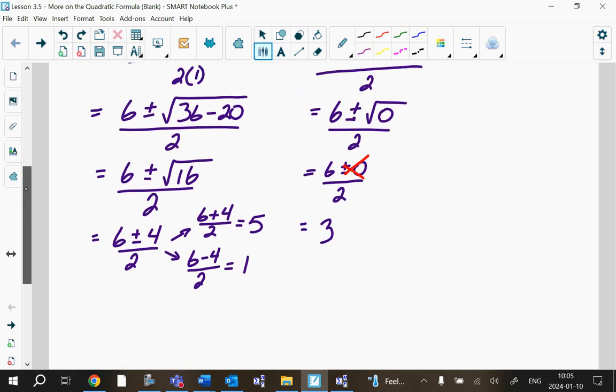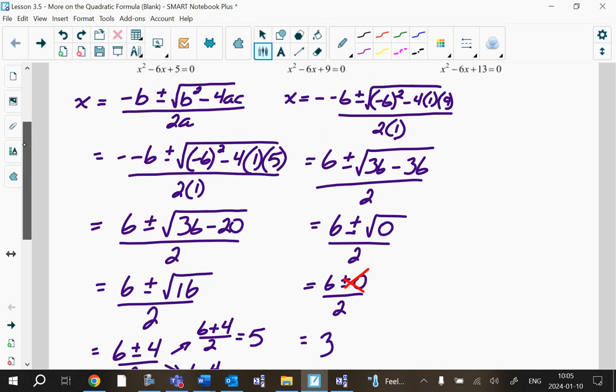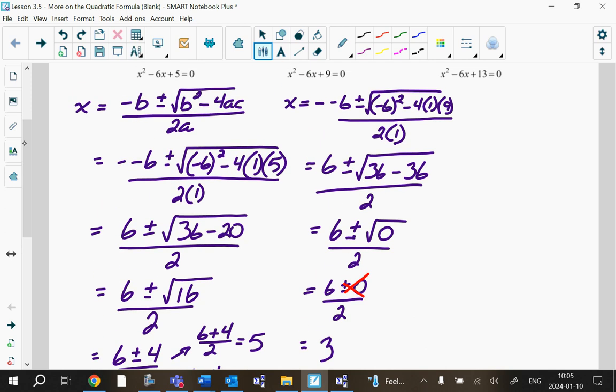And finally, this last one, again, we get x equals minus 6 plus or minus negative 6 all squared minus 4 times 1 times 13 divided by 2 times 1.